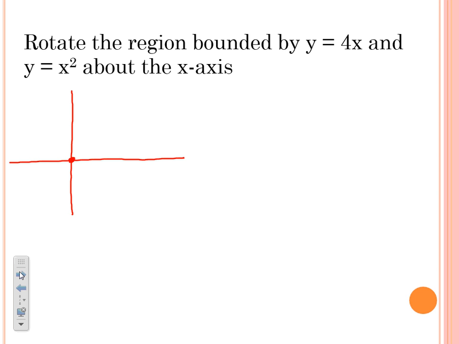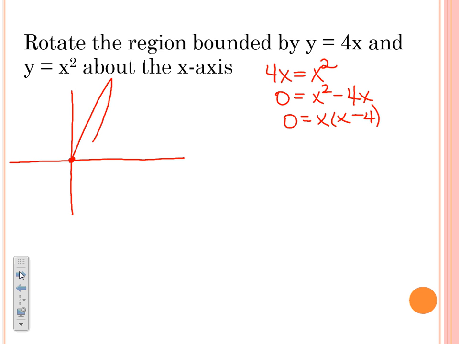Where else? Where is 4x equal to x squared? At x equals 4. So the points are 0, 0 and 4, 16.